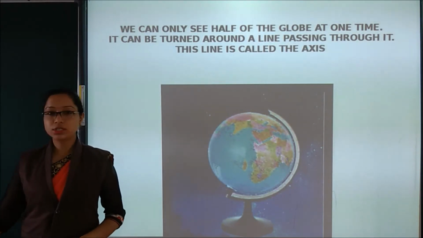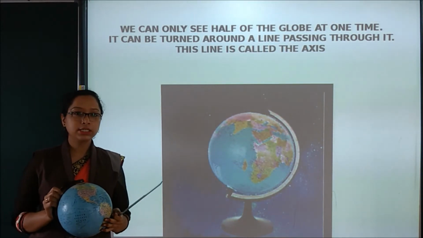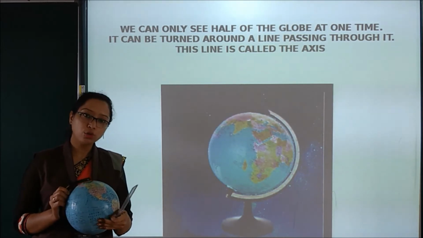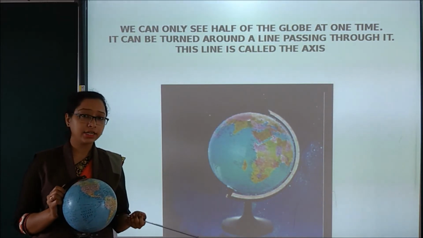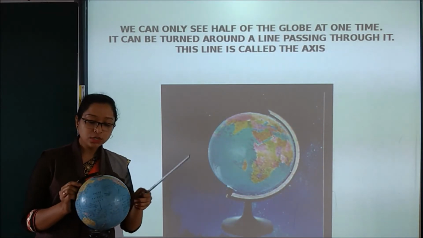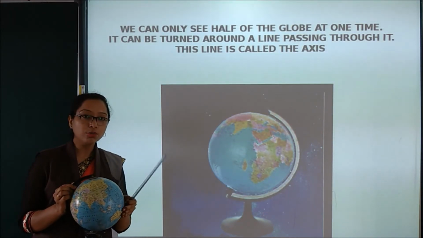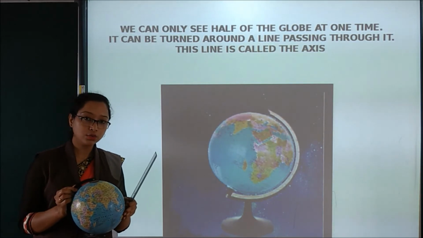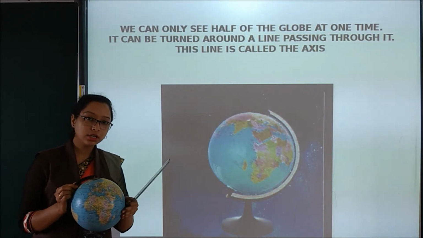So when we are using the globe, we can only see one half of the globe at one time. And if we want to see the other half of the globe, we have to turn the globe. So this is how we use the globe, by turning it.